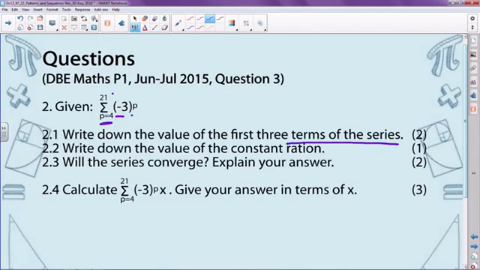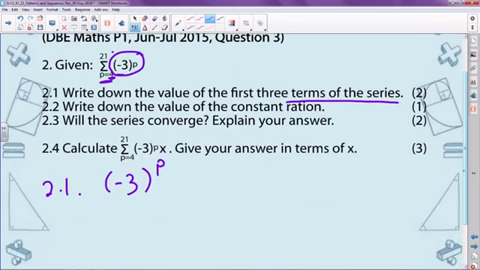Well, you notice that you've been given the series that you are dealing with. You see that p is starting from 4. So therefore, to write down the first three terms, we're going to look at the series minus 3 to the power of p. To find the first term, remember you're starting from when p is 4. So term 1 is actually going to be minus 3 to the power of 4.